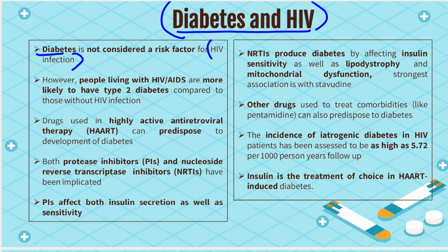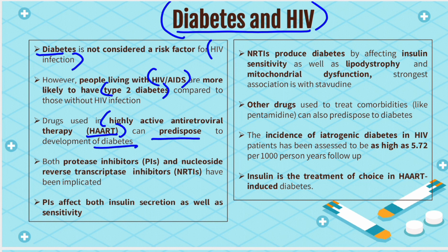However, people living with HIV and AIDS have higher chances to develop type 2 diabetes compared to those having no HIV infection. And it is found that the drugs usually used to treat HIV and AIDS, highly active antiretroviral therapy (HAART), can predispose to development of diabetes.